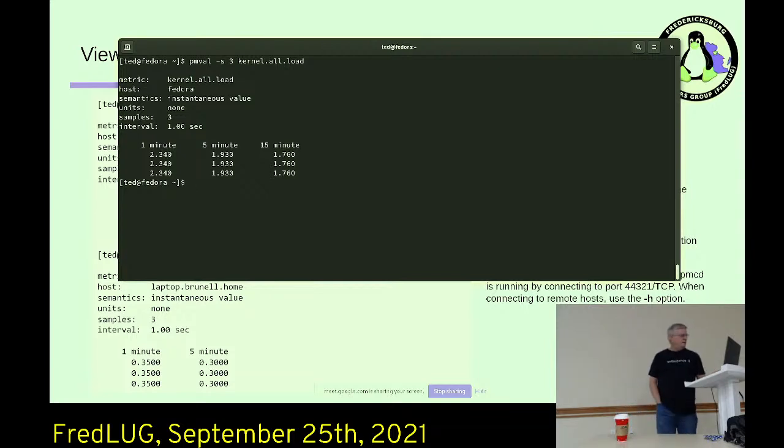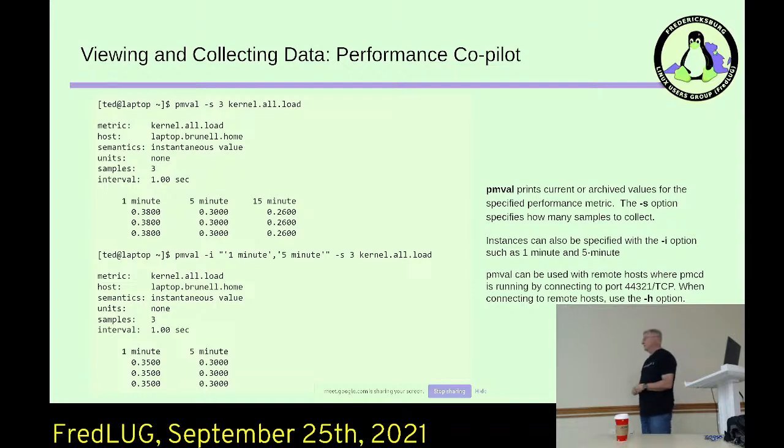And so it gives us some good information. If I didn't want the 15-minute load info, I can just specify with -i, give me the 1 minute and 5 minute, and skip everything else. And it'll just show me the 15-minute. You could also just say pmval -i for interval 1 minute, and show me the load over 1 minute, and run that a number of times. Okay?